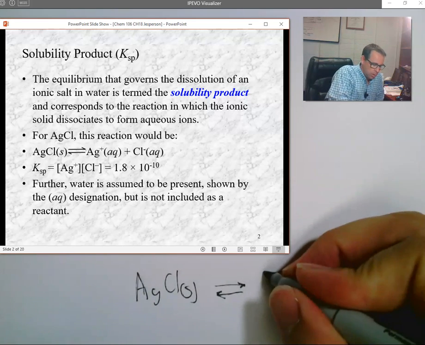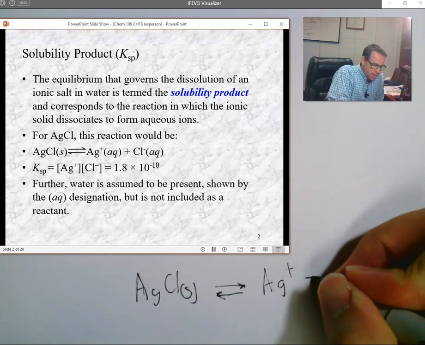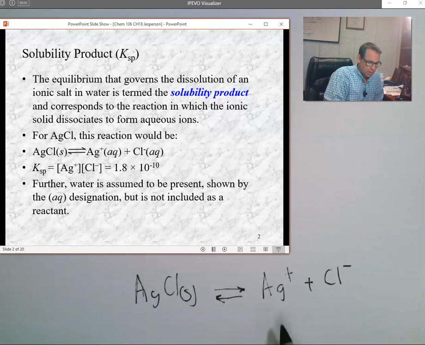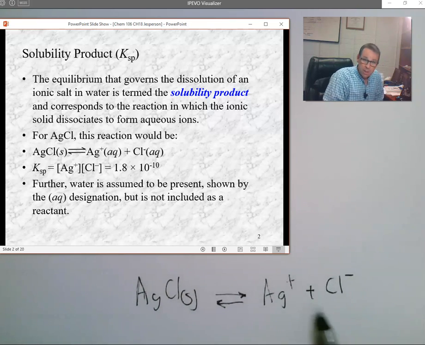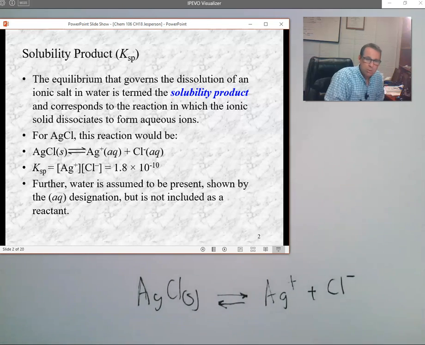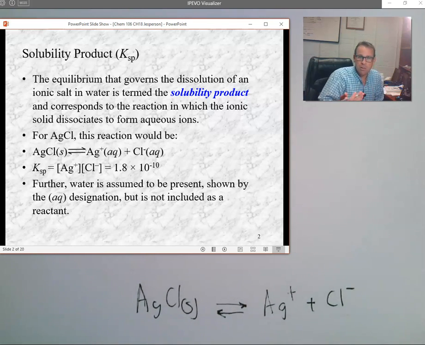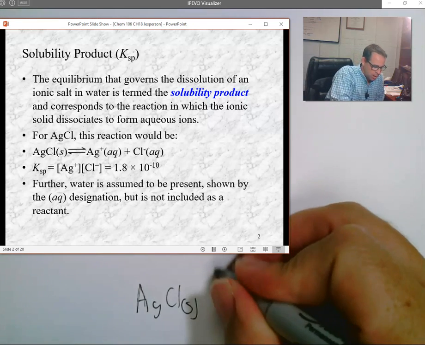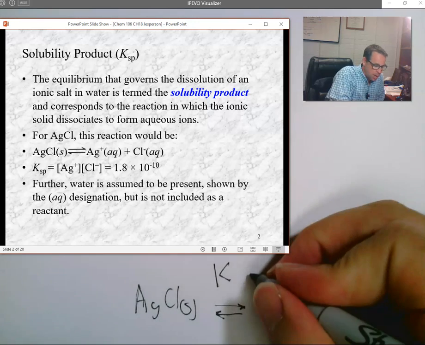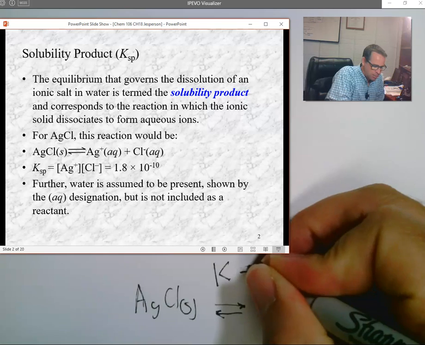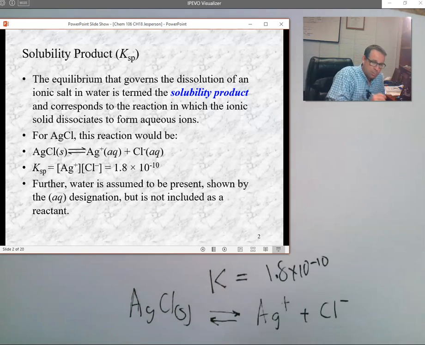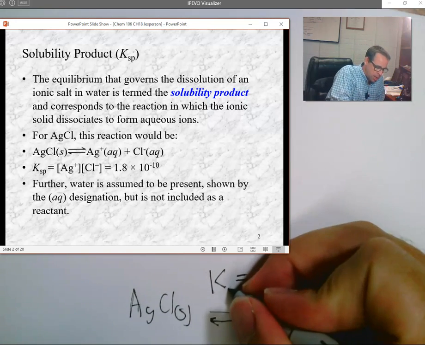However, there is an amount of solubility occurring. When these separate, they find each other really fast and go back, but there is an equilibrium, so there is some concentration of the ions. We can express this quantitatively with a K, and the K for this reaction, like it says in the slide, is 1.8 times 10 to the minus 10. This specific K is called a KSP.